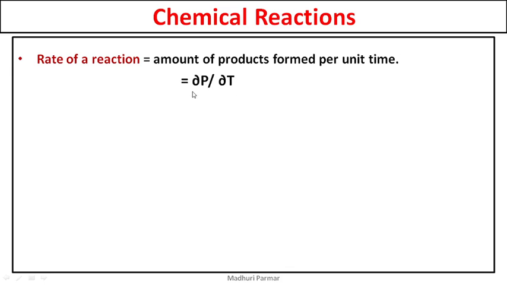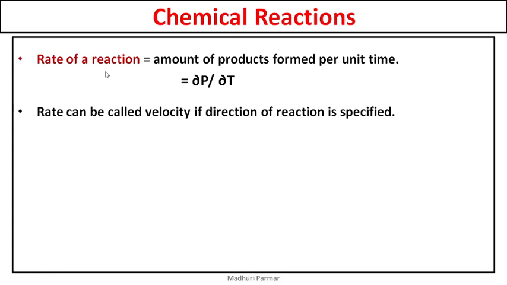Clear? And this here will give you the rate of reaction. You can also write the rate of reaction as the amount of reactants used per unit time. But this definition is more used. Okay, the amount of product formed per unit time is the more general form of the rate of reaction.